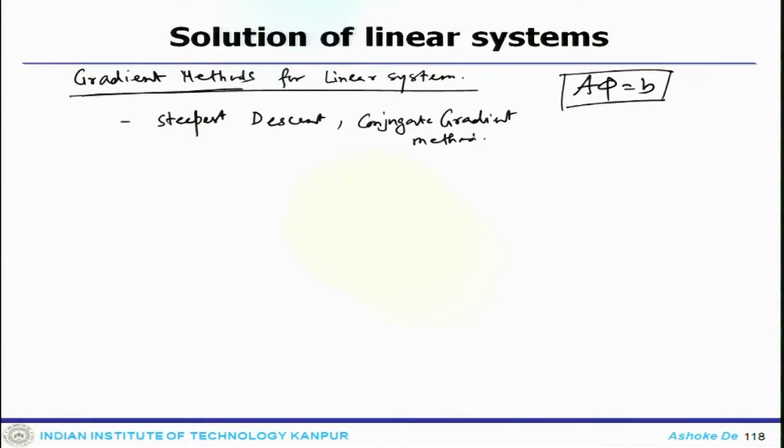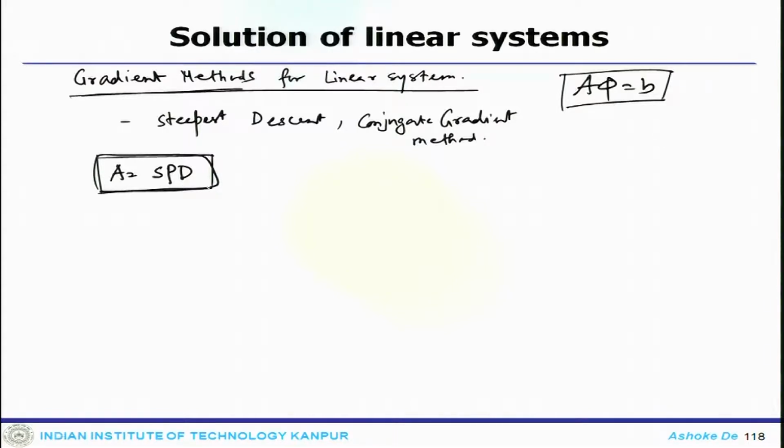So, they are initially developed when their coefficient matrix A is symmetric positive definite. This is another very special case of matrix, and while talking about the properties of the matrix, we have discussed these particular properties of this kind of matrices.